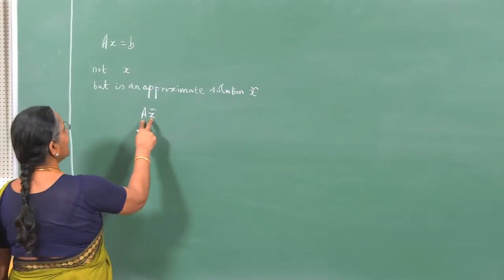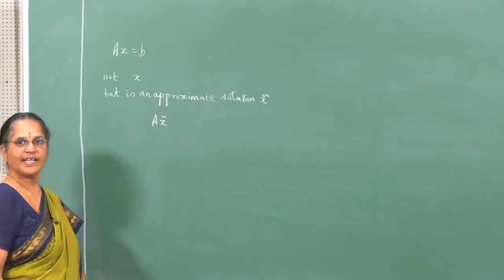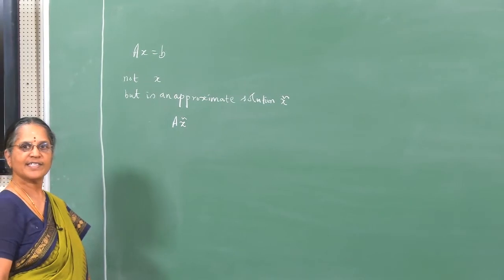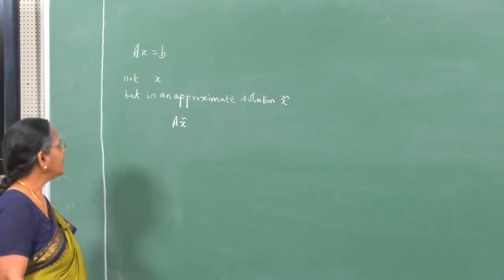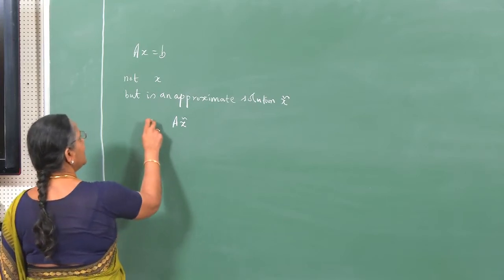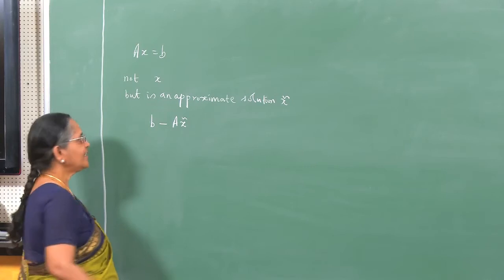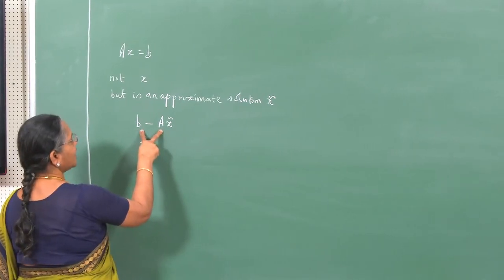We expect that A x tilde is very close to the right hand side vector b, because we are solving the system A x is equal to b. But x tilde being an approximate solution, there will be a difference between b and A x tilde. So, I compute this error.